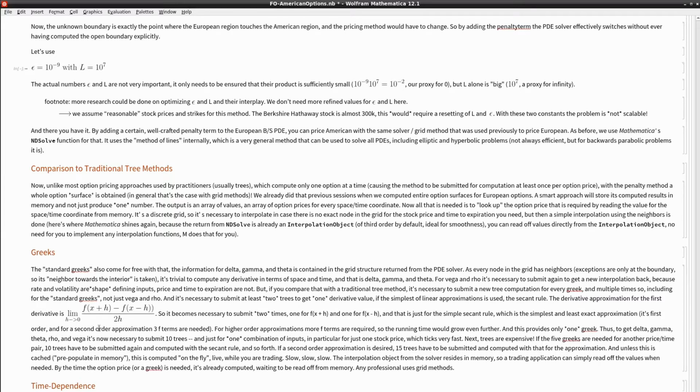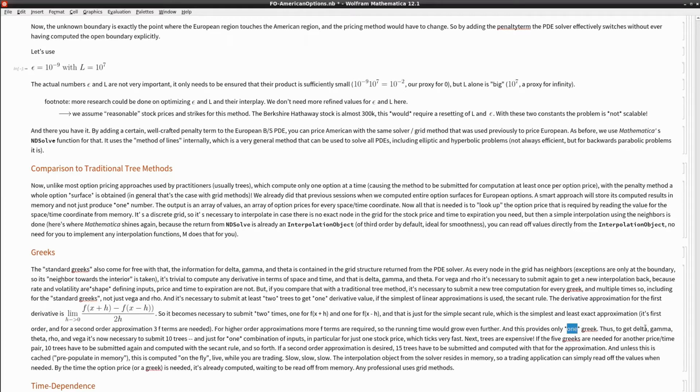It's first order, and for a second order approximation you would need three f terms, right? We're not even talking about that. We're talking about the simple secant method, and we need to compute f twice. For higher order approximations, more f terms would be required, so the running time would grow even further. And this provides only one Greek, just one, and we need so many of them.